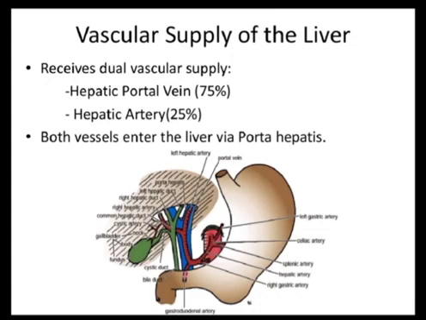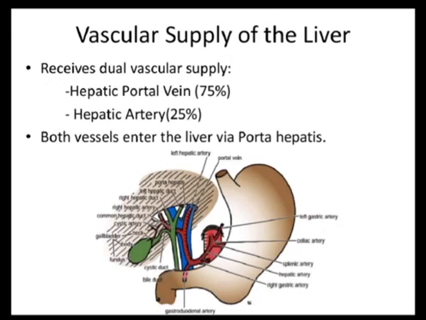When we talk about the histology of the liver, it is covered by a connective tissue capsule which is made up of collagen fibers and elastic fibers, and it is known as the capsule of Glisson. And on one side of the liver there is an indentation which is known as the porta hepatis, or the hilum, and it receives the dual vascular supply.